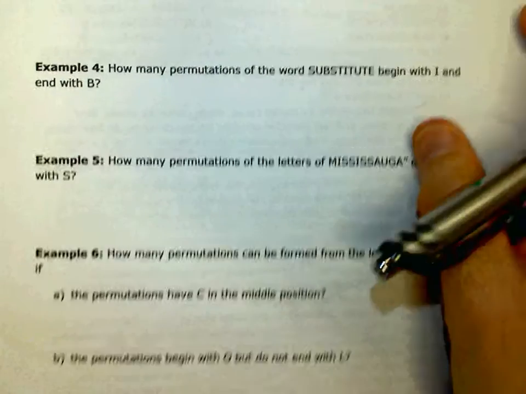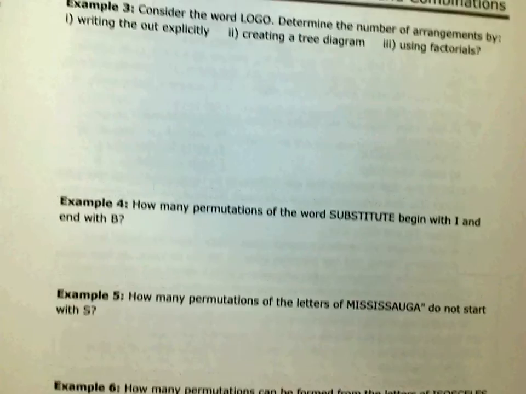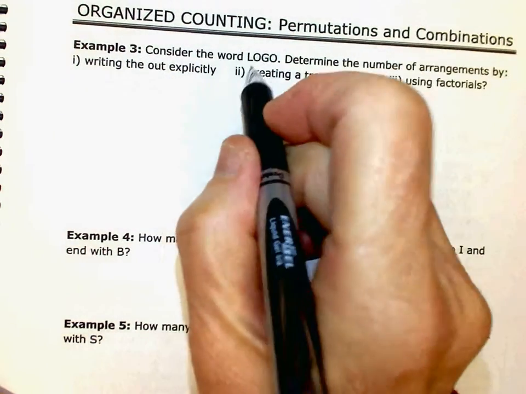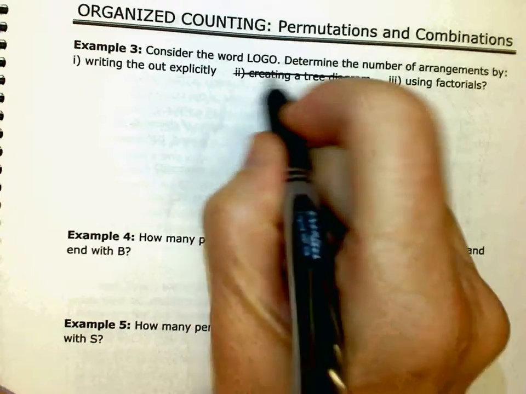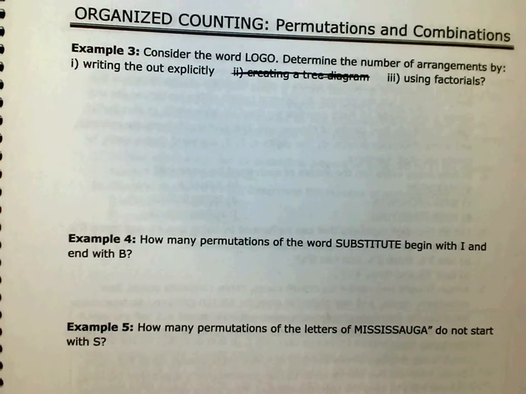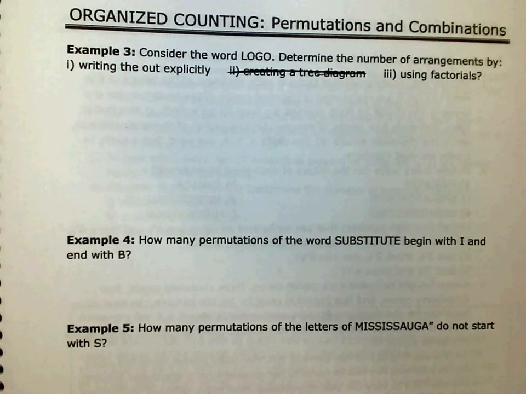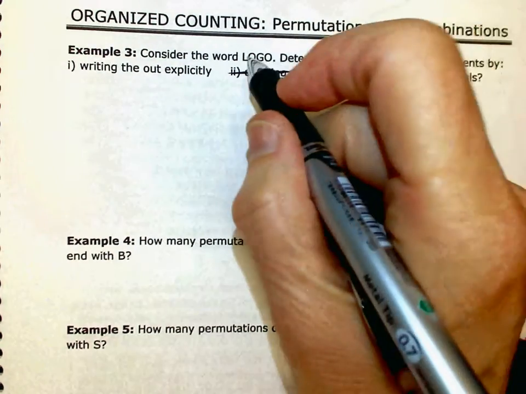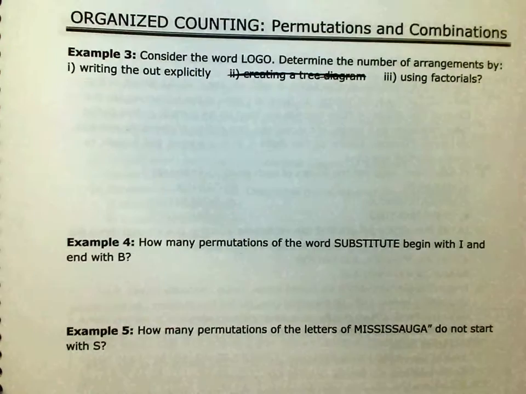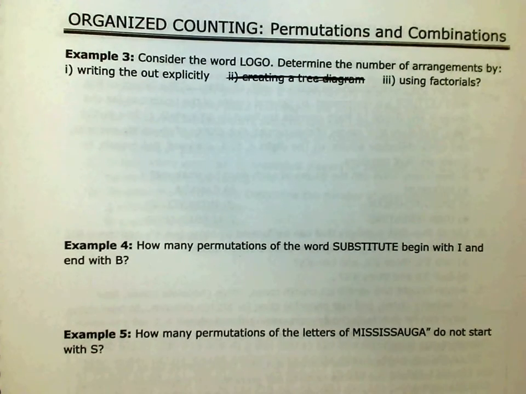Consider the word logo. Determine the number of arrangements by writing it out explicitly. We're not going to do the tree diagram, I think it's a bit much, and we'll use factorials. Okay, let's write out all the arrangements explicitly. Let's list them.